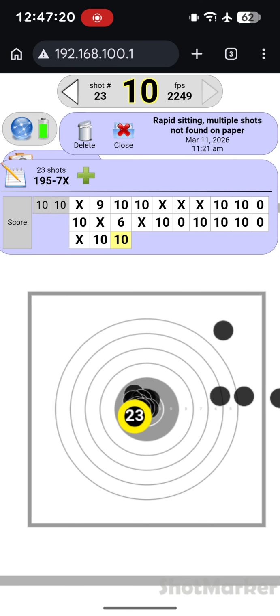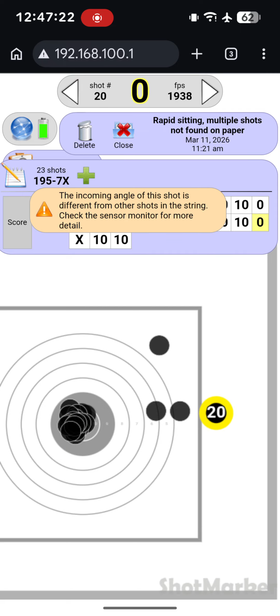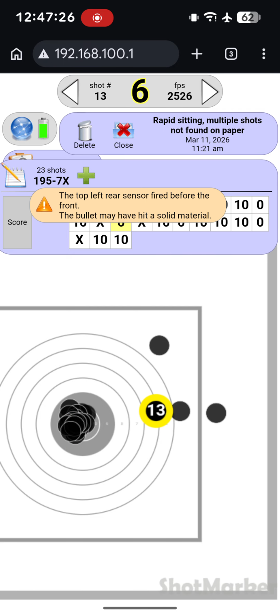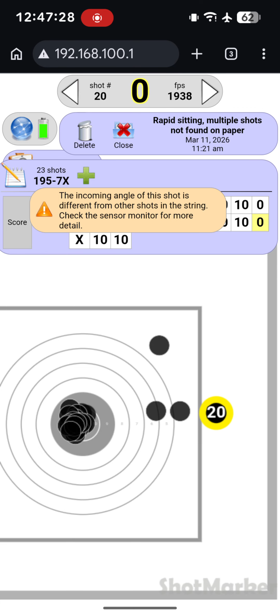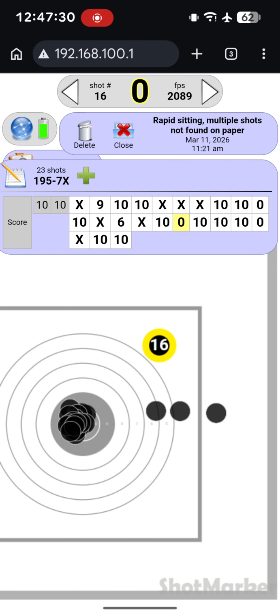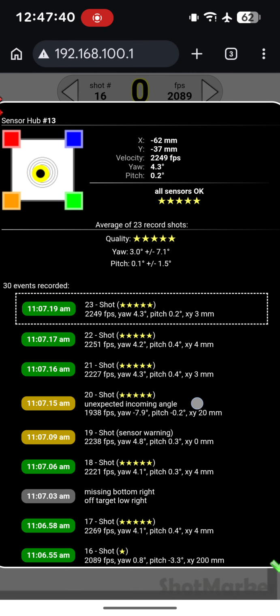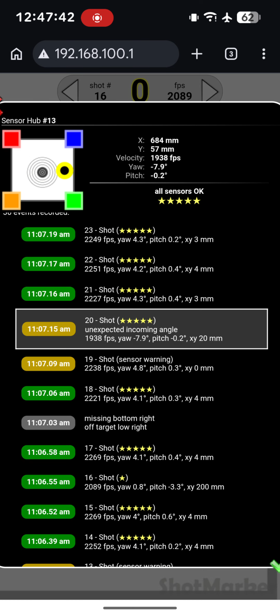Okay, this is another one where there were multiple shots, 4 of them, that were reported. And 3 of them, 1, 2, 3, have technical warnings. 1 of them does not. So let's see what the sensor monitor says. All right, so this is one of the ones with the technical warning.